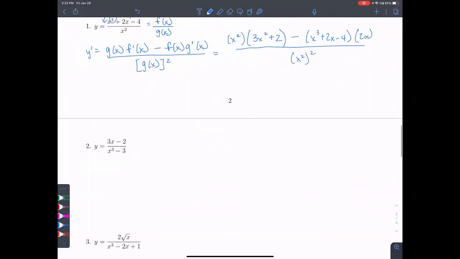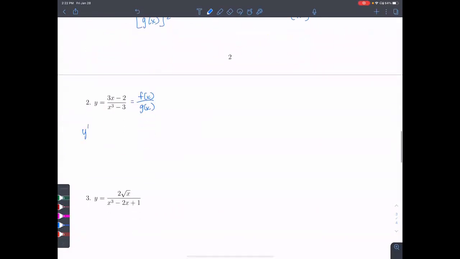If you look at something like number 2, last week we wouldn't have been able to take that derivative because you can't simplify that. So luckily we have the quotient rule now. So this is f of x over g of x. So y prime would be low d high minus high d low over low, for g of x squared.